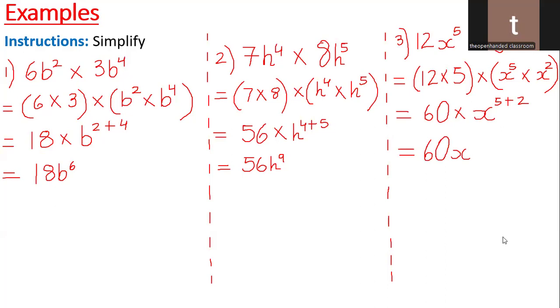Can you hear me now? I'm asking you, what are we gonna do with the powers? We're gonna add them together. Very good. So it's 5 plus 2, which is gonna be what? 7. Good.